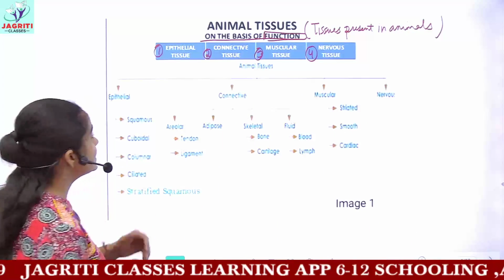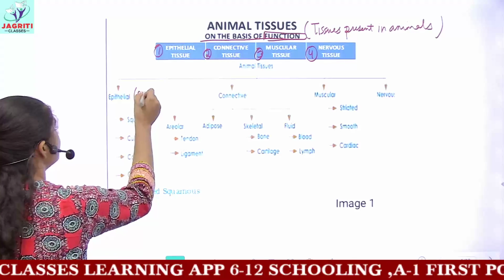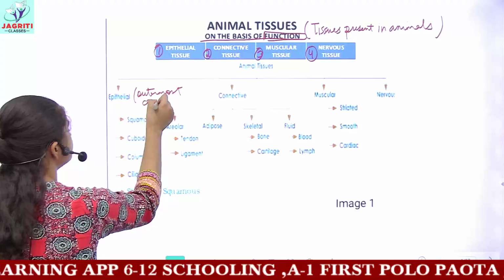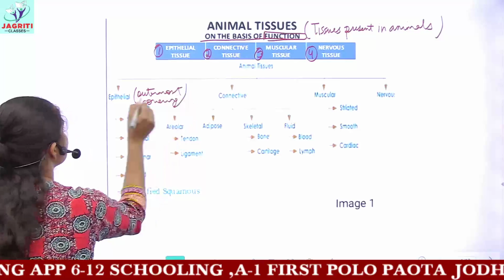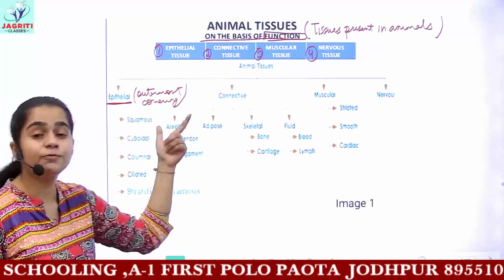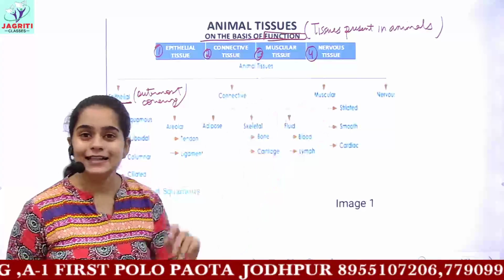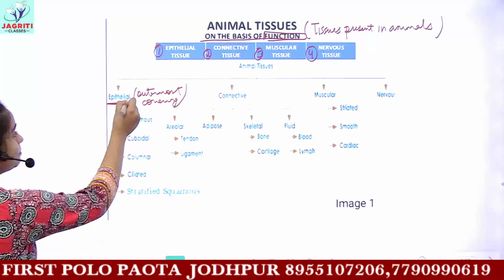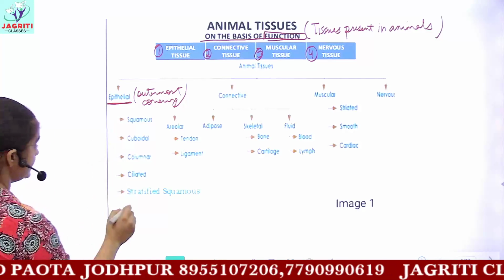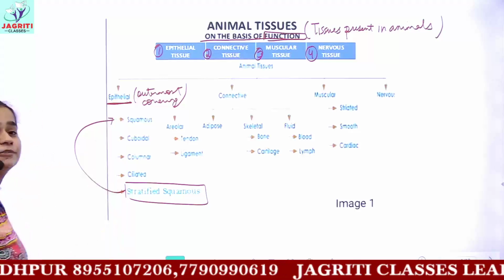Now next we'll see that epithelial tissue forms the outermost covering. This first one is your epithelial tissue. We'll see each tissue in detail, then we'll discuss. This epithelial tissue is divided further into 4 categories. Actually, the last category belongs to the first itself.